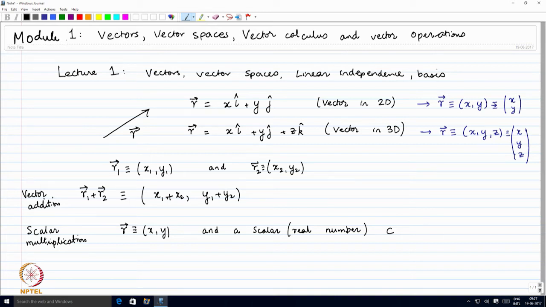So, if you had a scalar c and a vector r, then you could multiply c times r, which gives you another vector. And what are the components of this vector? The components of this vector are c x and c y. These operations, namely vector addition and scalar multiplication, are extremely easy to do in this notation.